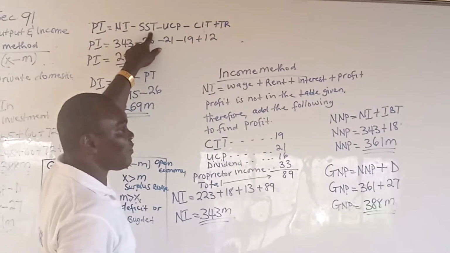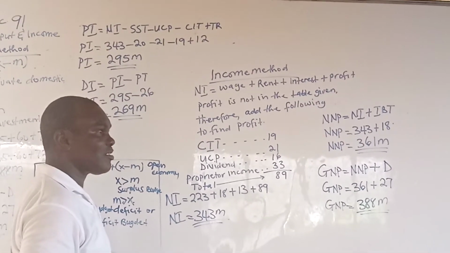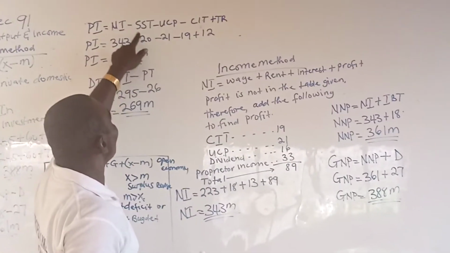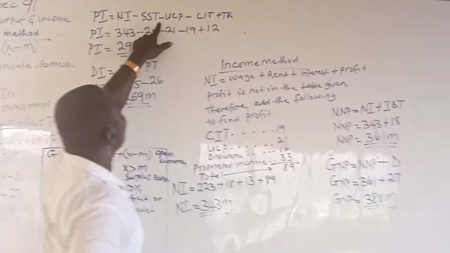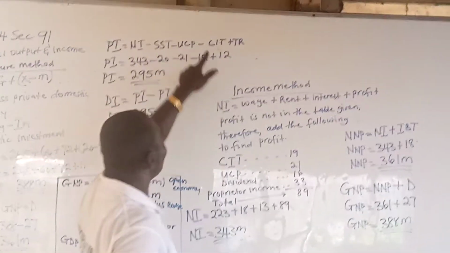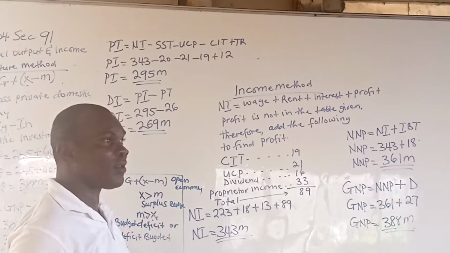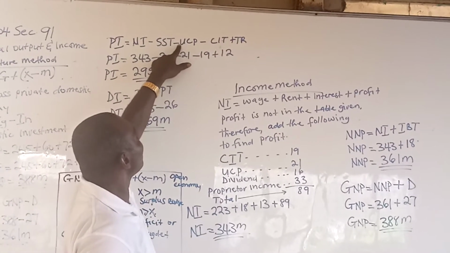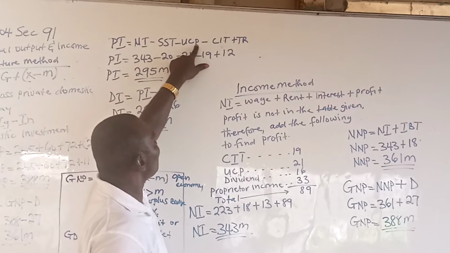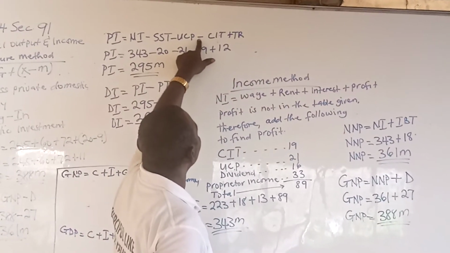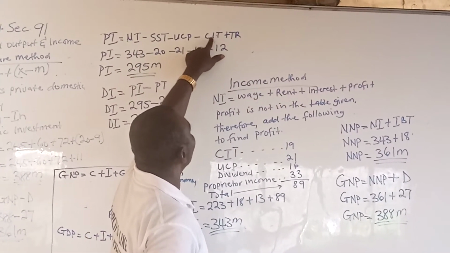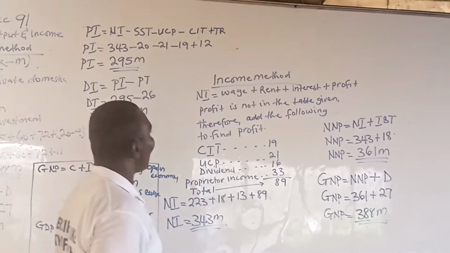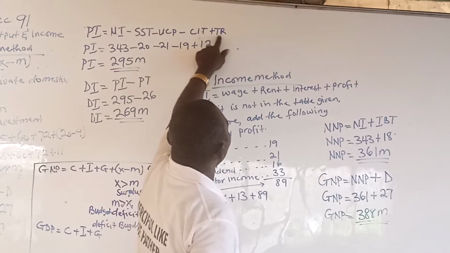The SST stands for social security tax or social security contribution. Minus the UCP. The UCP stands for undistributed corporate profit. You have companies in your country, so undistributed corporate profit, UCP. Minus CRT, corporate income tax. Corporate income tax, CRT.